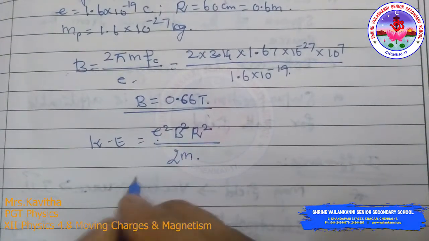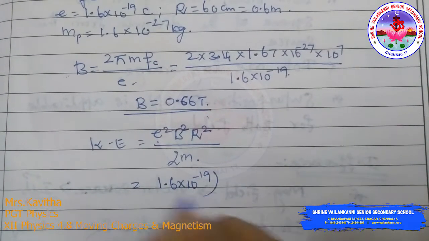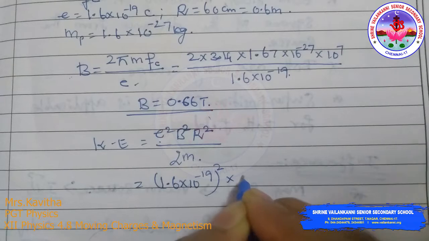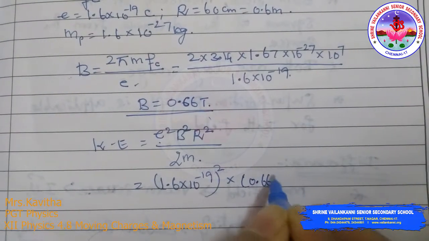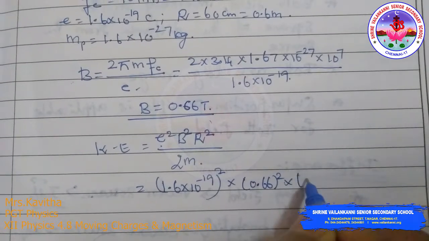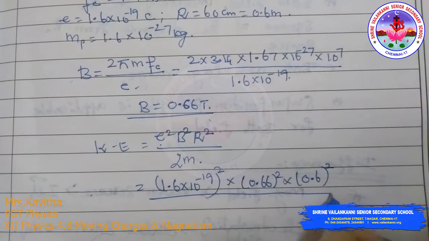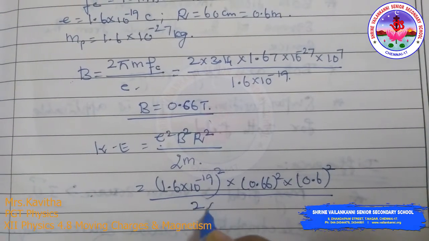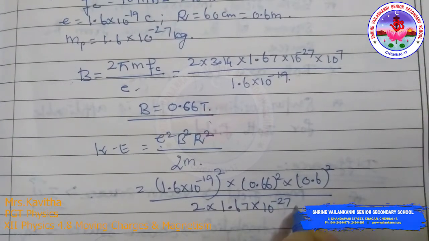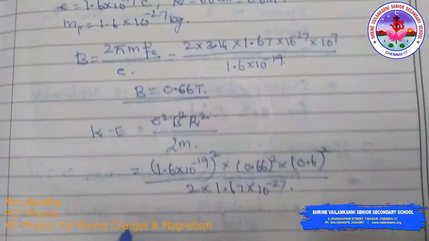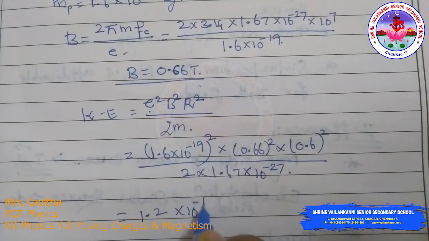So directly the electron charge value squared, 1.6 into 10 power minus 19 squared, into the B value, 0.66 squared, into 0.6, the radius, squared, the whole divided by 2 into the mass 1.67 into 10 power minus 27, which is equal to 1.2 into 10 power minus 12.